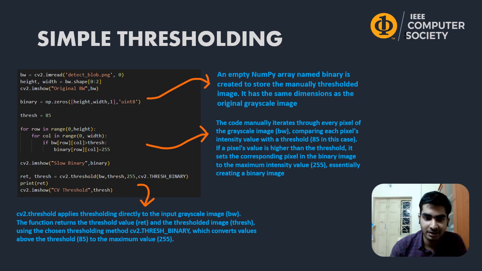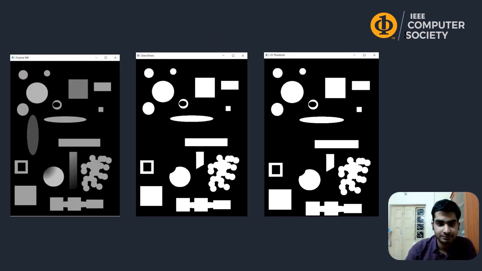The second method is the faster one, which is an inbuilt function cv2.threshold. It applies the thresholding directly to the input grayscale image, which is BW here. The function returns the threshold value called ret here, and the thresholded image thresh using the chosen thresholding method thresh underscore binary, which converts the values above 85 to the maximum value 255, which is white.